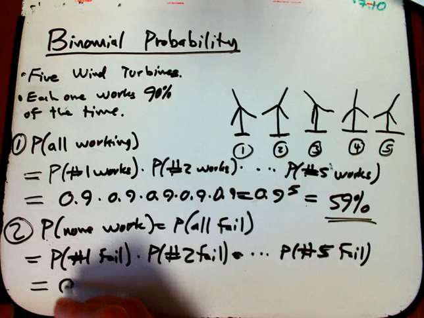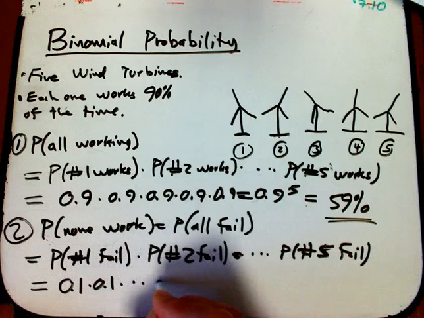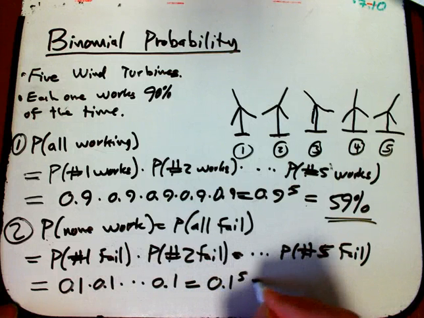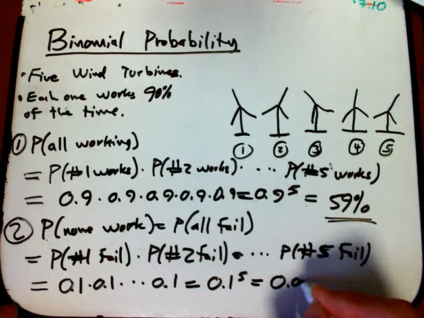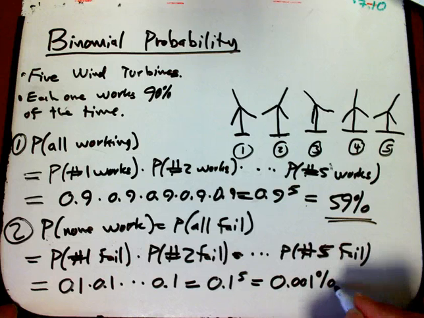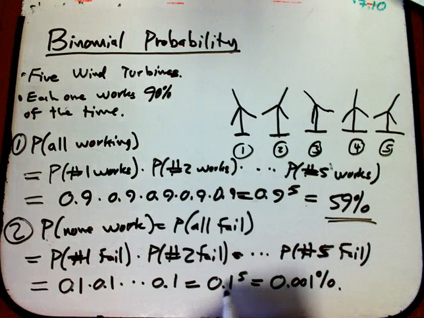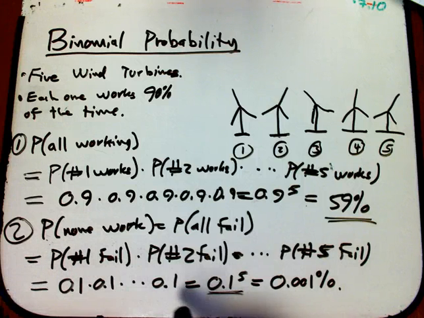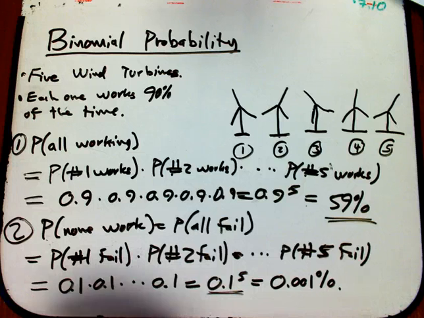Looks like it would be 0.1 times 0.1 times 0.1, a very small number. It's 0.1 to the 5th, which is 10 to the minus 5th, or 0.001%. So 1 out of every 100,000 times you looked at this wind farm, they would all be broken. Not just not going because of the wind, but all actually out of commission.